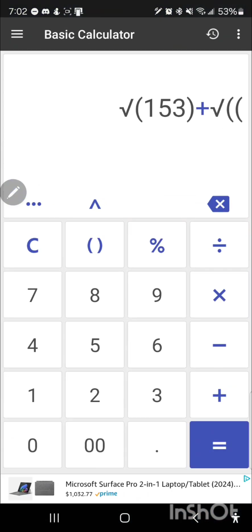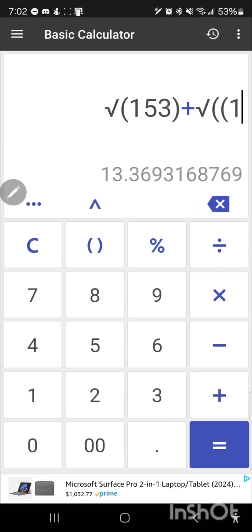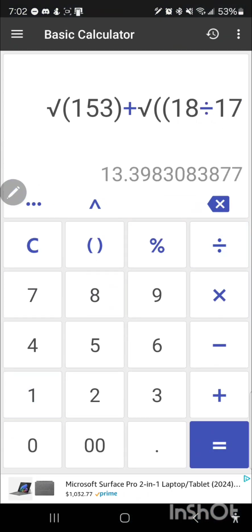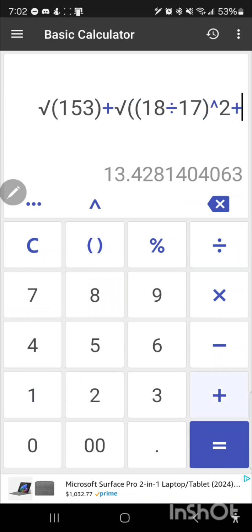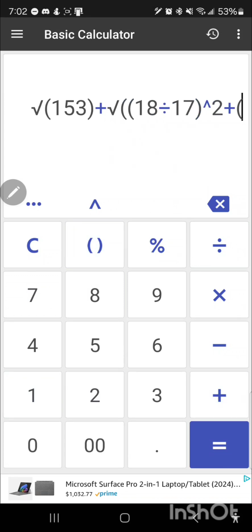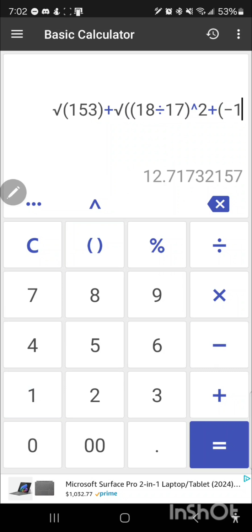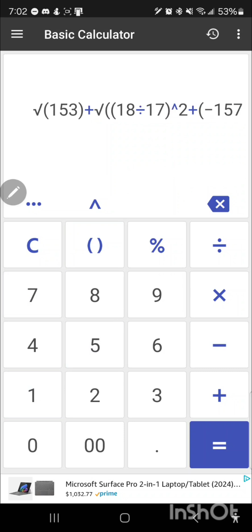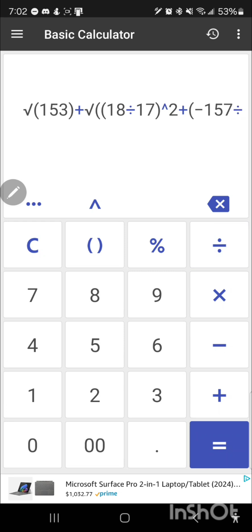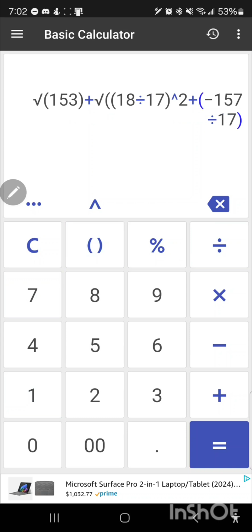So we put the parentheses, and I will say 18 divided by 17, and close parentheses, squared, plus open parentheses. You could put the negative or not, it will become positive since we're squaring it. Every time you raise any negative number to an even power, it will be positive. That's the reason, but I'm going to put a negative just so you can see. Divided by 17, we close it, we square it, we close everything, and this is our answer.